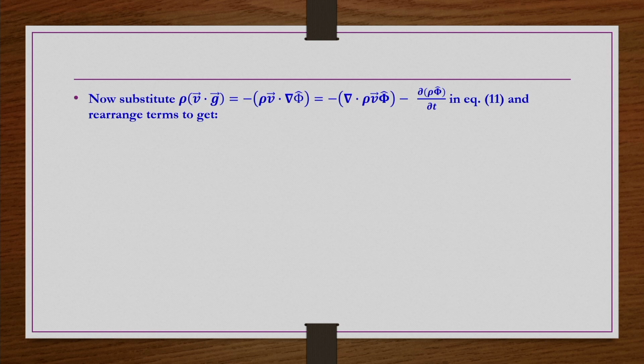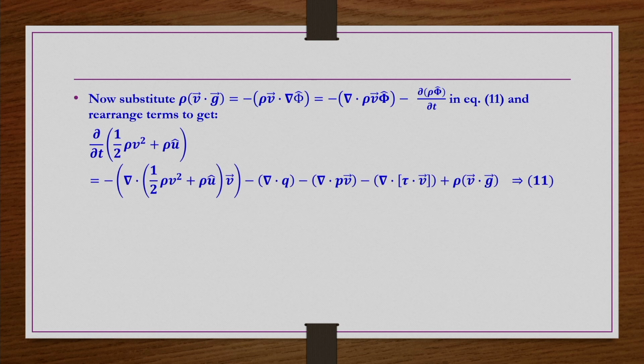In equation number 11, this is what we are going to substitute. Equation number 11 is the one we have already derived in the previous slide. Now, in place of rho of v dot g we can add these two terms: minus del dot rho v phi minus dou by dou t of rho phi.